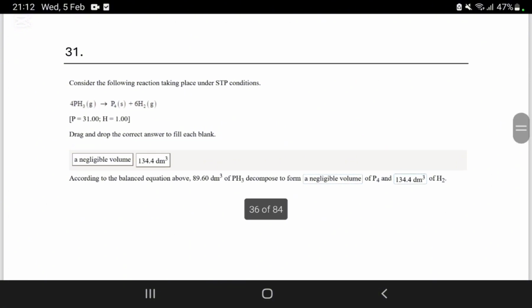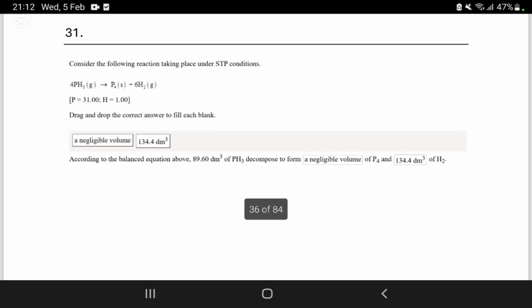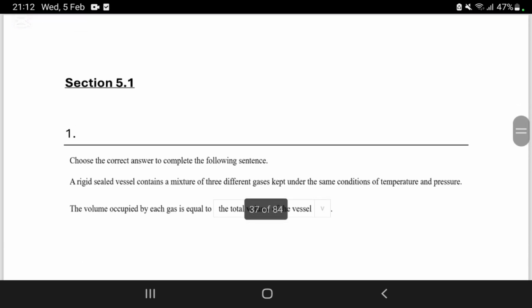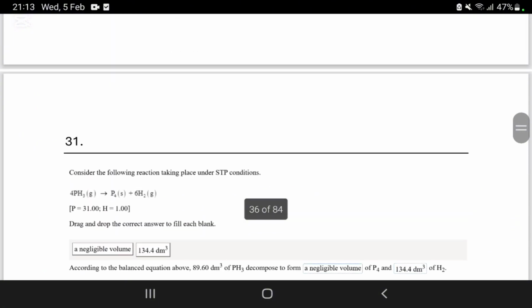Okay, it will decompose to form a negligible volume of P4 because it's a solid, and then to find the volume we just do 22.4 times 6. That's it. 134.4.